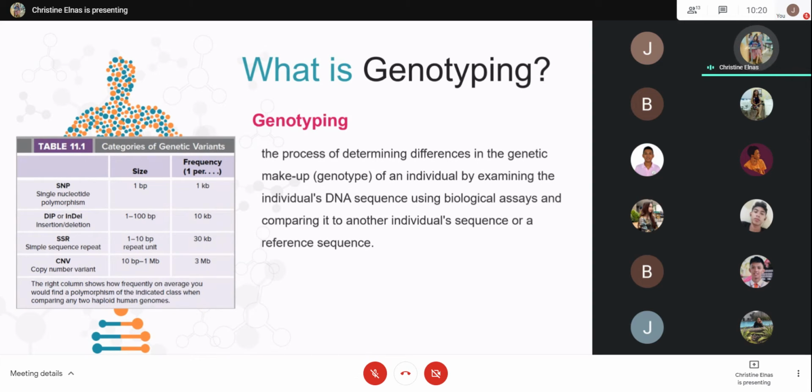This is where the relevant information is that they will use in order to know the genetic differences between individuals.